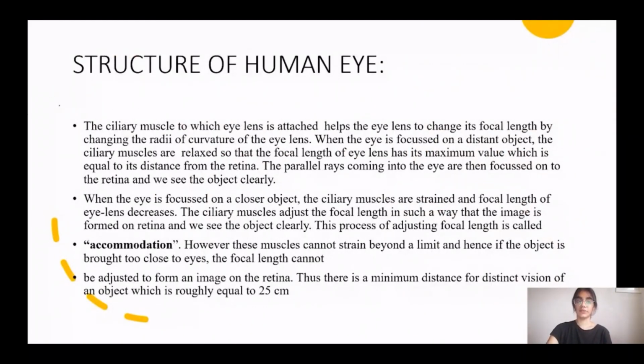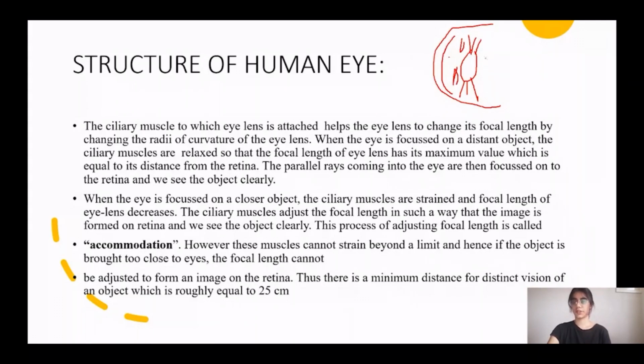So as I told you, the ciliary muscle which is attached to the eye helps the eye to change its focal length. You have the eye structure here, the lens is somewhat here, and it is held by ciliary muscles. Here is your cornea, you have the iris, and you have aqueous humor here.